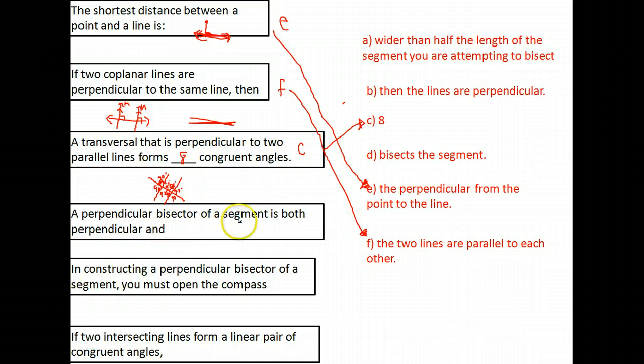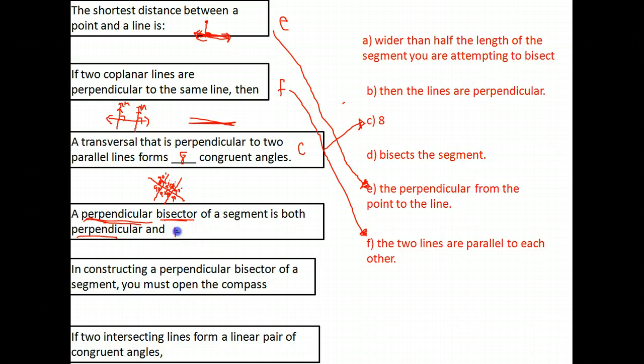Next, a perpendicular bisector of a segment is both perpendicular and what? So just look at the name, perpendicular bisector. It does 2 things. It's perpendicular and it bisects, right out of its name. So the perpendicular bisector of a segment is both perpendicular and what?